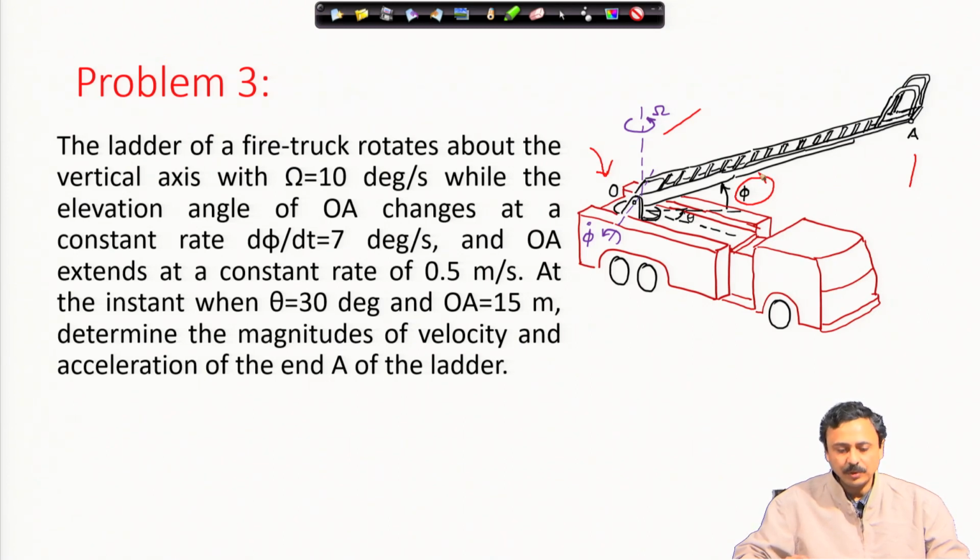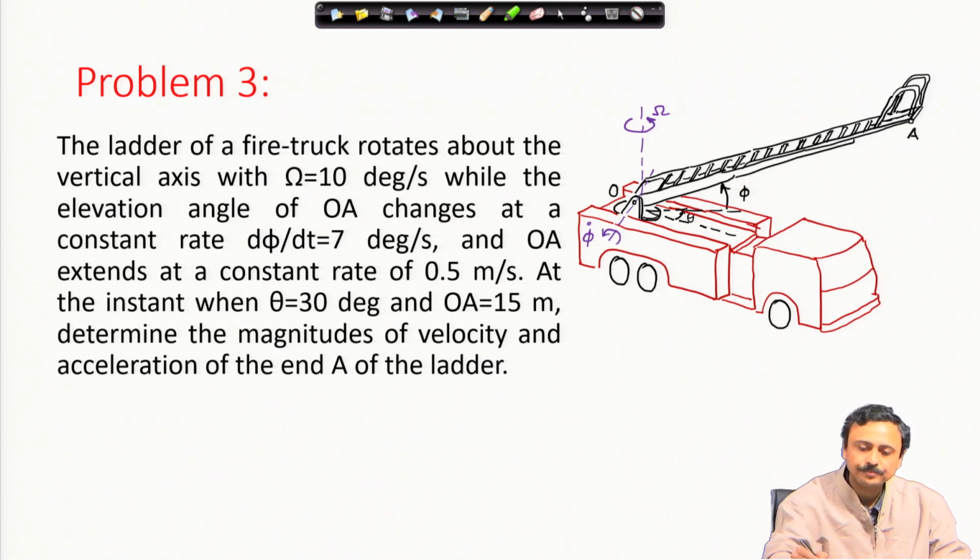At the instant when theta is equal to 30 degree, which is shown here, and OA is 15 meter, determine the magnitudes of velocity and acceleration of the end A of the ladder. So, we have to find out velocity and acceleration of this point A.